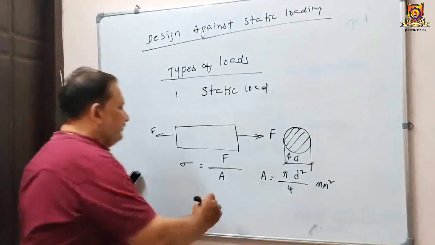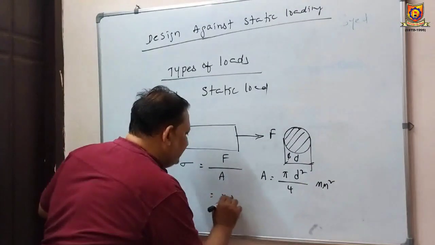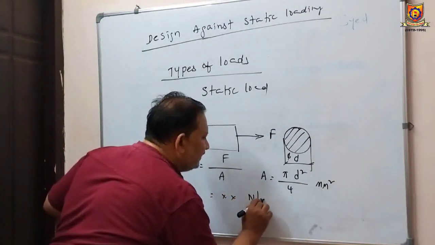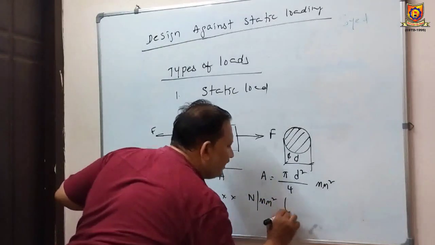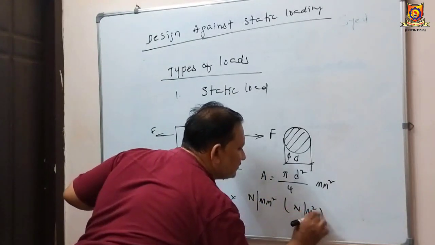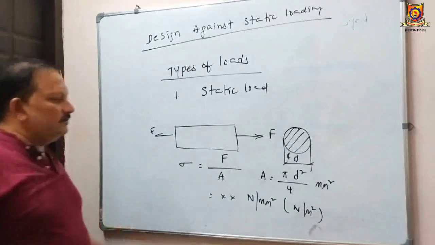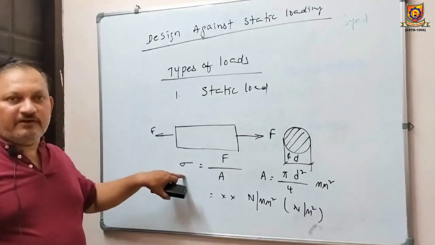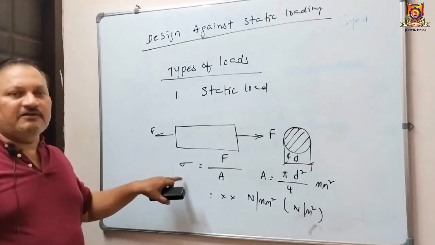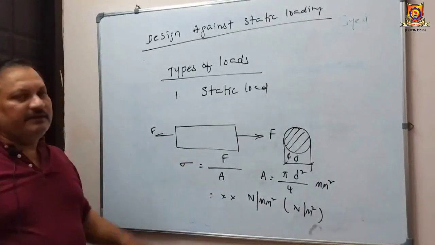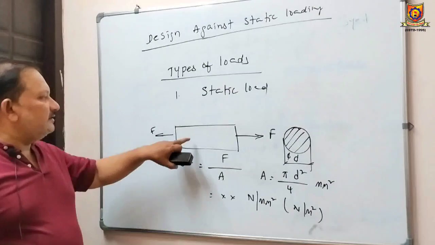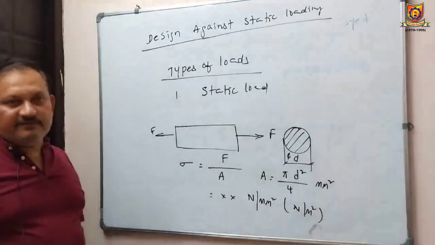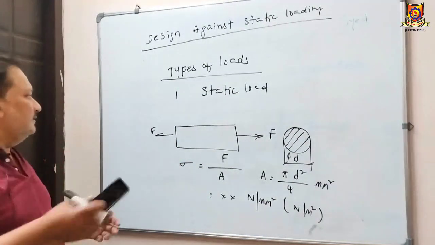So ultimately we can define the stress in terms of Newton per millimeter square or Newton per meter square. So direct normal stress is going to be induced in a machine component when this member is subjected to axial load.